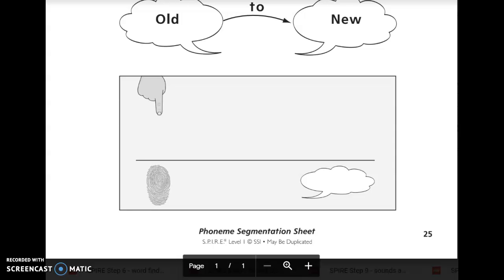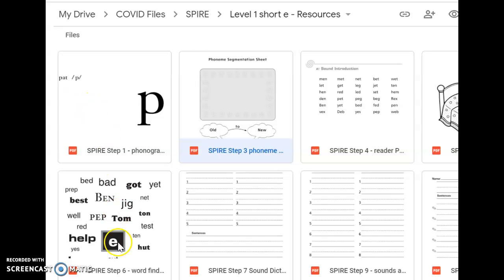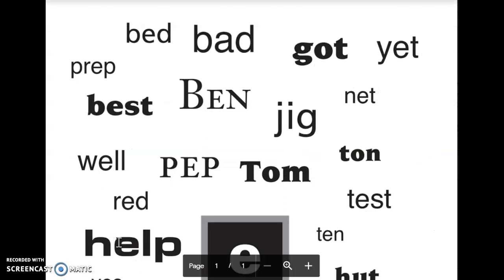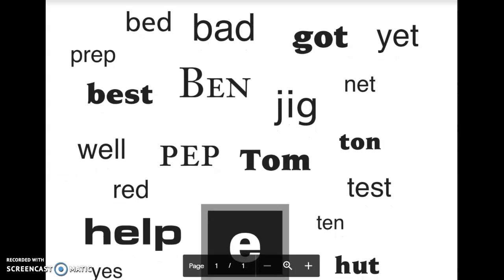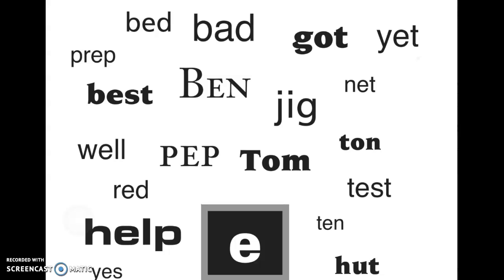Okay, so now I'm going to pull up the sound introduction sheet for our vowel, which is E. As you can see, at the very middle of this page we have the letter E, which makes the sound eh.